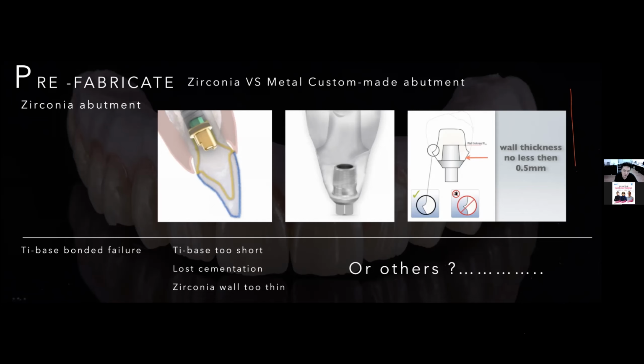And when you have the defect, sometimes saliva will get into it, and maybe you will wash out your cement. So this is another dangerous point. So please make sure that your zirconia restoration margin and the abutment margin is over 0.5 millimeters.